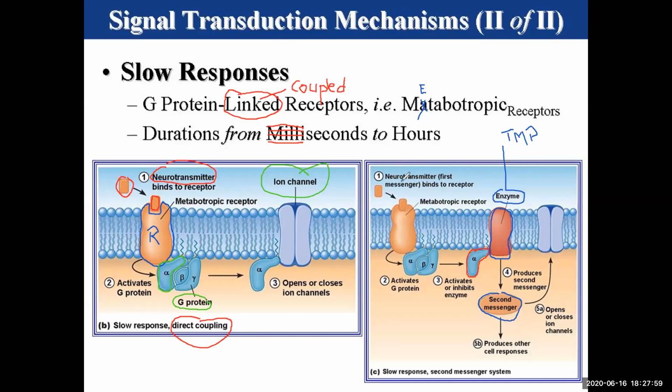The neurotransmitter, in this case, when it has a receptor on the cell membrane like this, it means one thing. That neurotransmitter was never allowed to cross the cell membrane. So that neurotransmitter must be water soluble.